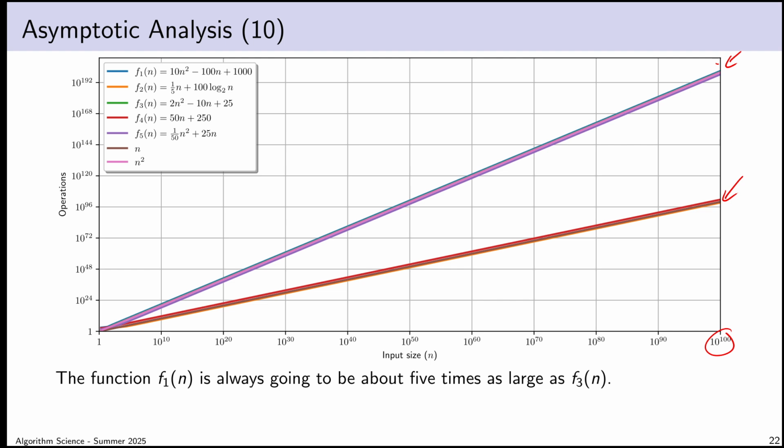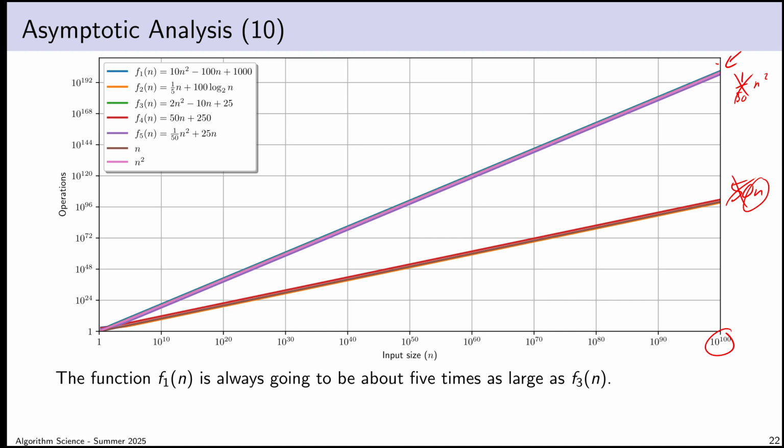It doesn't make much of a difference if I want to compare 1 over 50 times n squared to 50 times n. Those constants make no difference. It's the n and the n squared that make the difference. At a resolution that's this high, so talking about 10 to the 100, n is going to be faster than n squared. And I think it's this intuition that I want to carry forward.